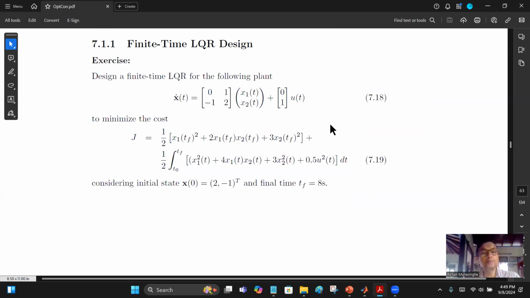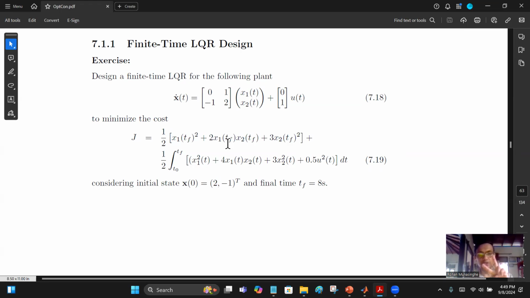Now let's define a cost function, what we want to minimize through the control process, and that is J. This is the final cost. If the states after the initial deflection don't go to zero, but end up having some non-zero values, how much of a cost is it? So this term explains that.